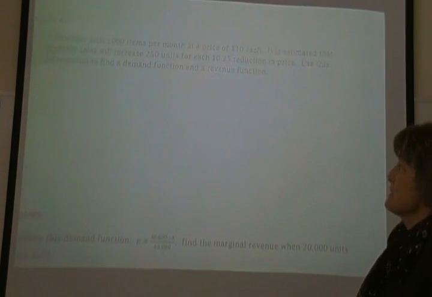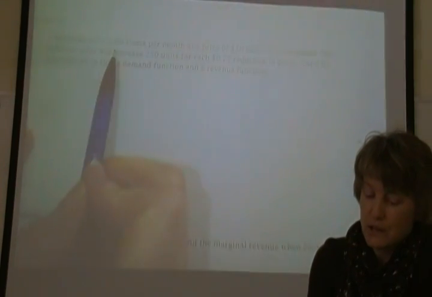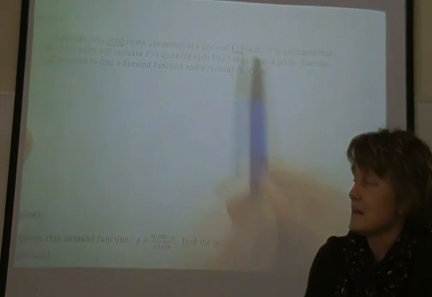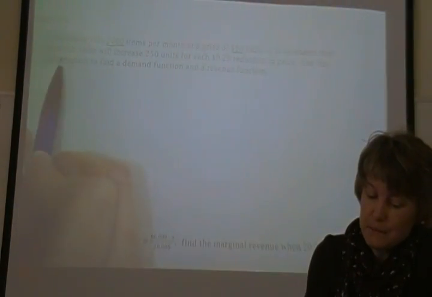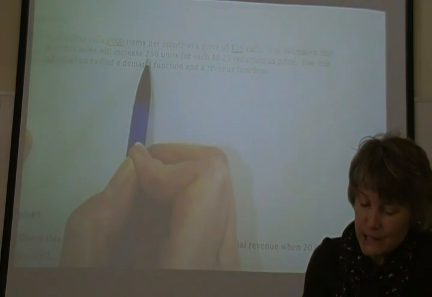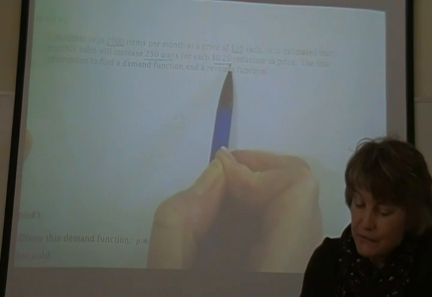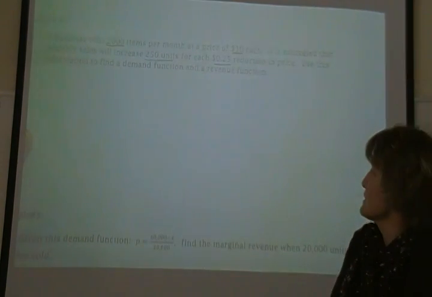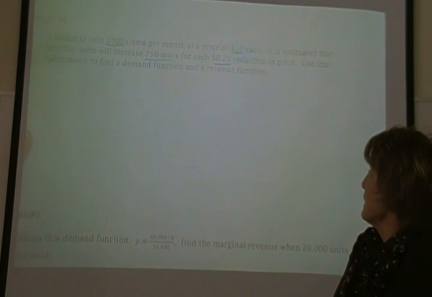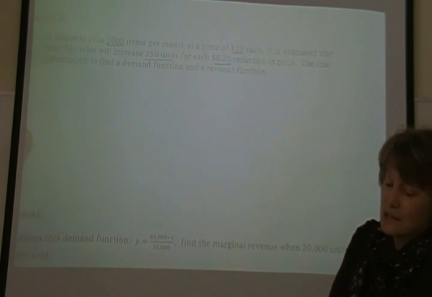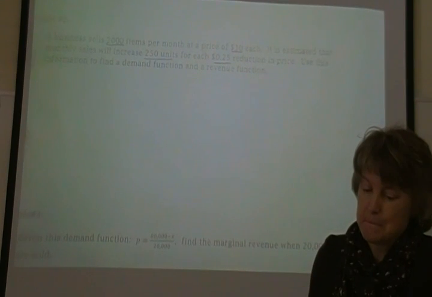So the problem says that a business sells 2,000 items per month when the price is $10. It's estimated that monthly sales will increase 250 units for every 25-cent reduction in price. Use this information to find a demand function and a revenue function.